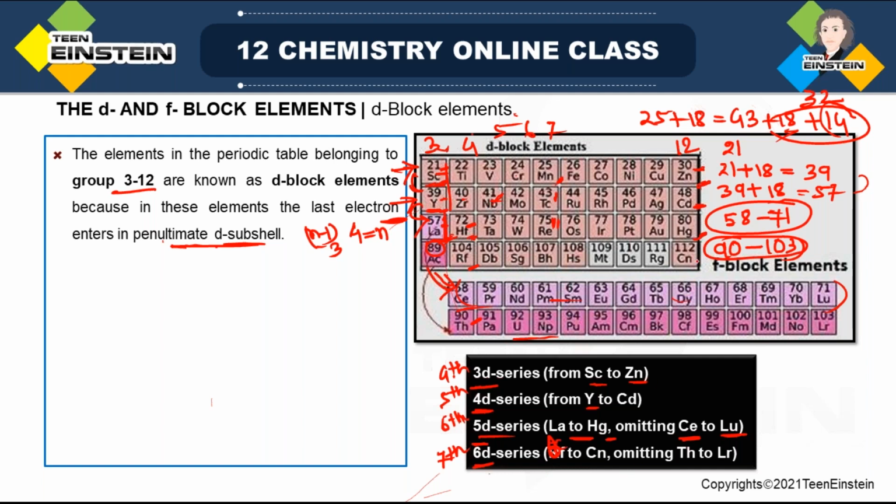But remember, there will be a gap of thorium to lawrencium. That means starting from thorium up to this, you have to omit. Rest of the elements will be under the d block. Okay.